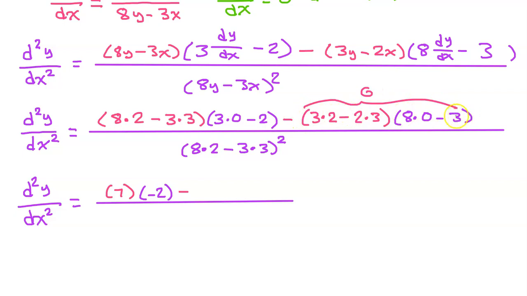So this entire expression is gone, so I really don't even need the minus sign. And then in the denominator, this again is 16 minus 9, which is 7. We might as well go ahead and square it and put 49. 7 goes into 49 7 times. So this is going to be the same thing as negative 2 over 7.